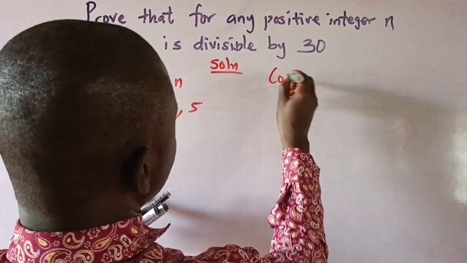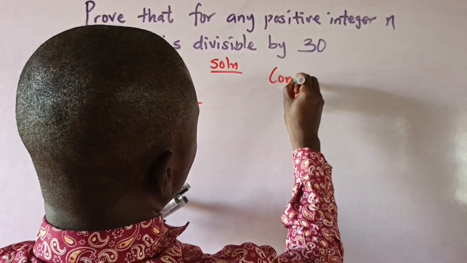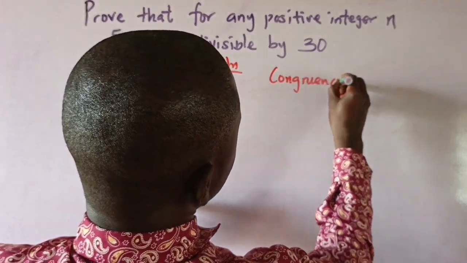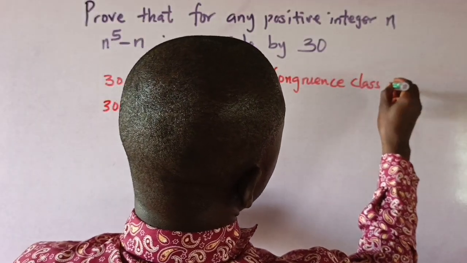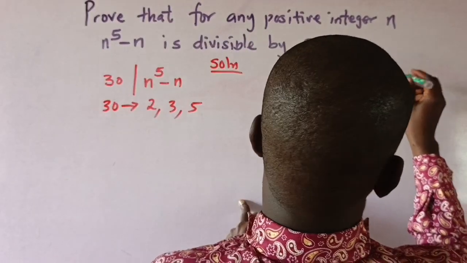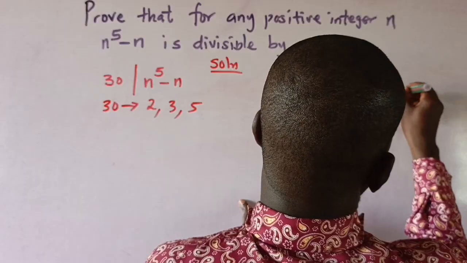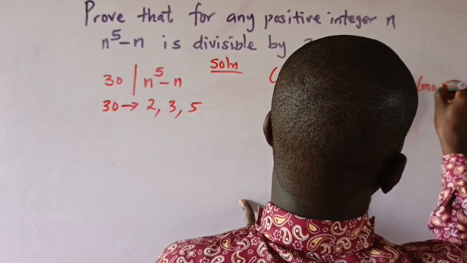Now we need to look for, using the knowledge of modular arithmetic, the congruence classes: that is 0, 1 in mod 2.